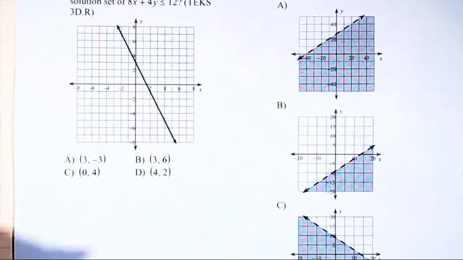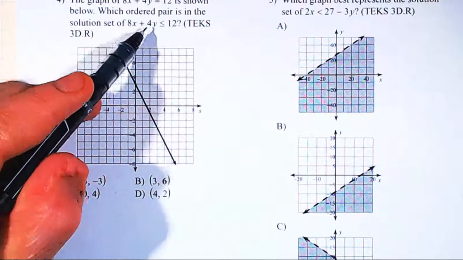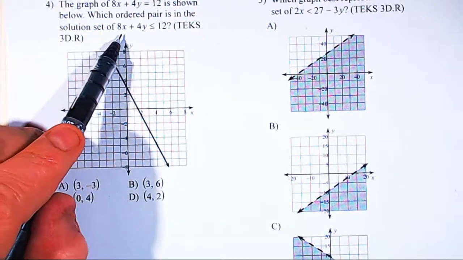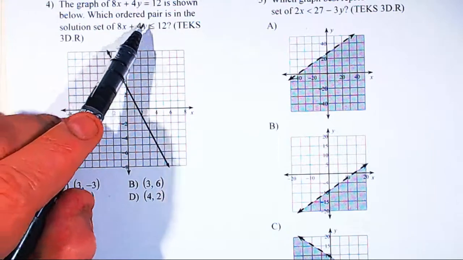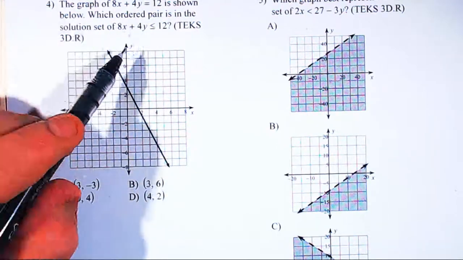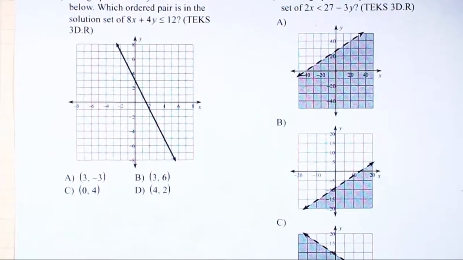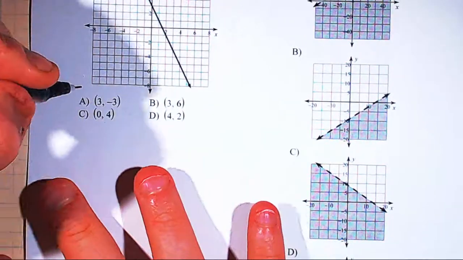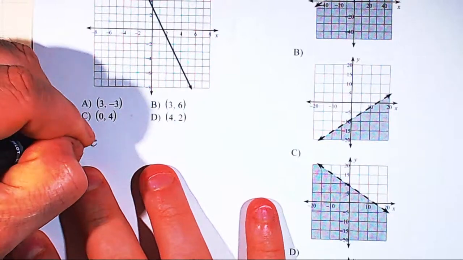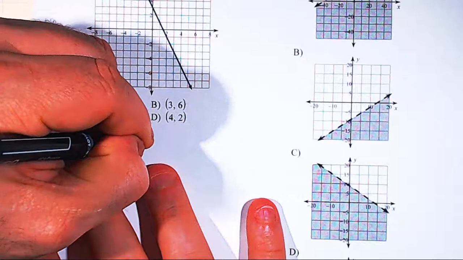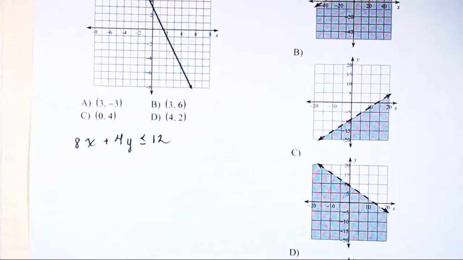Okay, so here we have to do the same thing. We need to get y by itself. In this case, they're presenting us with the equation of a linear inequality in standard form, and we need to convert it into slope-intercept form. So we can do that using algebra. 8x plus 4y less than or equal to 12.